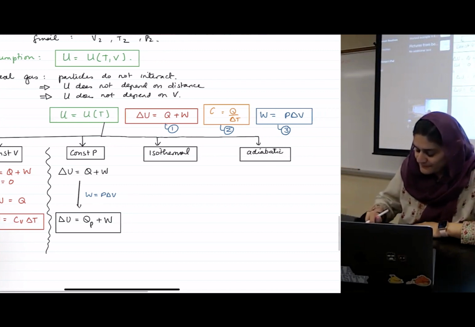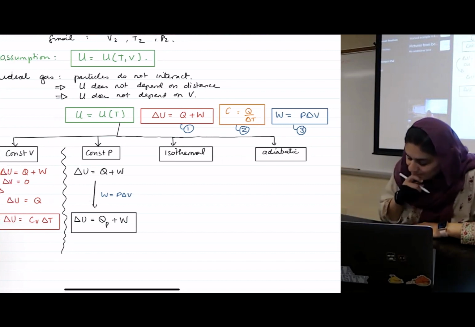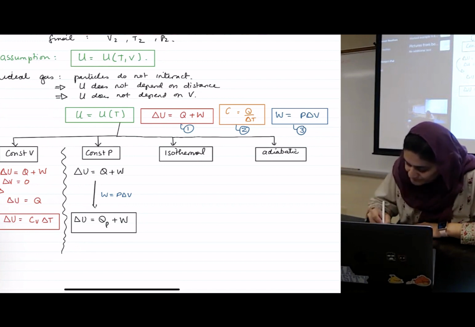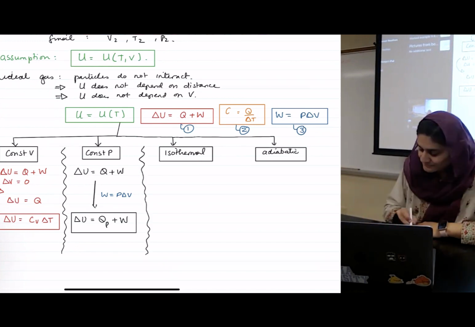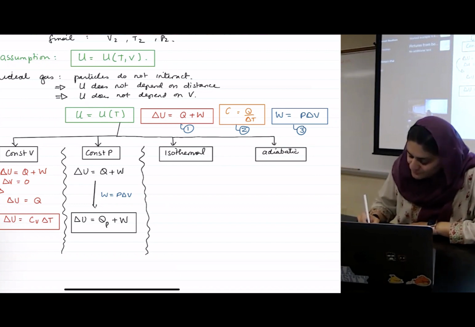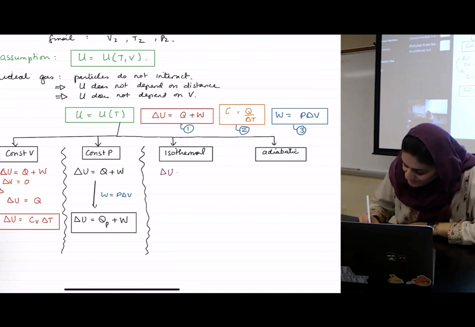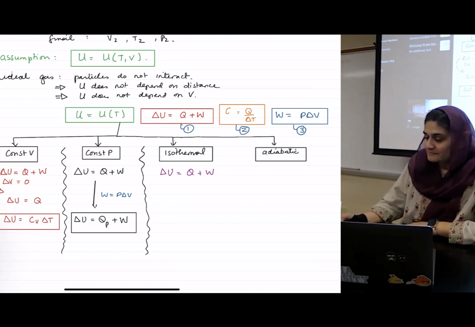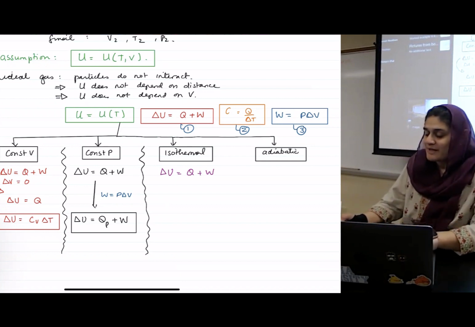Okay, number 3. Pick a color. Magenta. Here we go. Okay, so for isothermal, delta U equals Q plus W again. What happens in isothermal processes, guys?